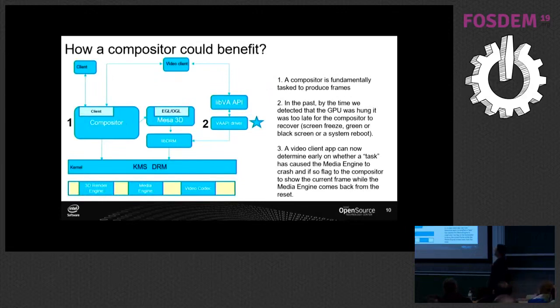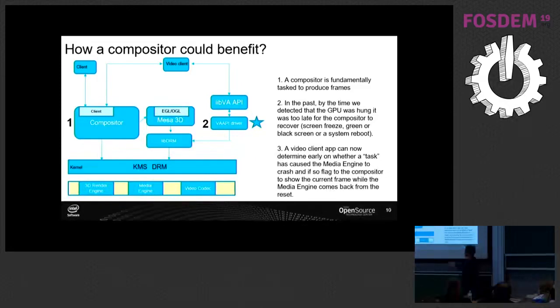The last thing will be how a compositor could benefit from this feature. The way I made it is a very general architecture. It doesn't follow any specific compositor. The only requirement would be that the compositor enables or uses 3D acceleration, and it has access to the hardware through the KMS DRM API.